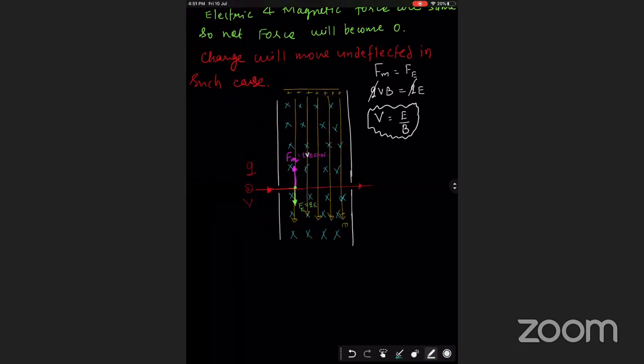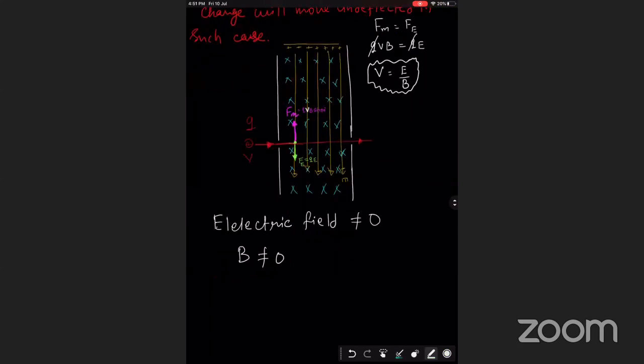Is an electric field present, yes or no? Yes. Electric field is non-zero, magnetic field is non-zero, right? The electric field is downward, and the magnetic field is into the page. So what is the angle between the electric field and the magnetic field? 90 degrees. The magnetic field is into the board, so it will be perpendicular.